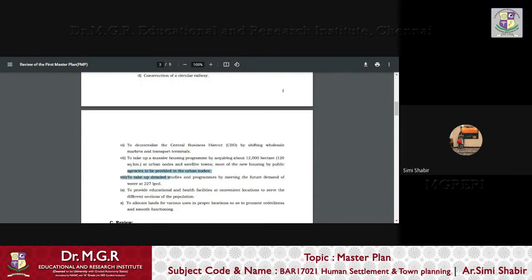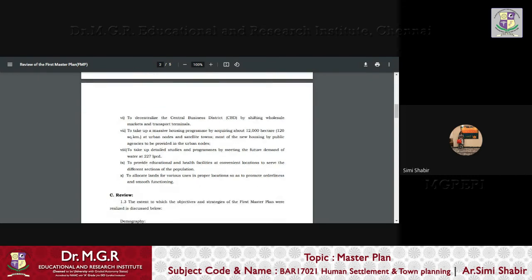To take up detailed studies and programs for meeting the future demand of water at 227 LPCD, to provide educational and health facilities at convenient locations to serve the different sections of the population, to allocate lands for various uses in proper locations so as to promote orderliness and smooth functioning.